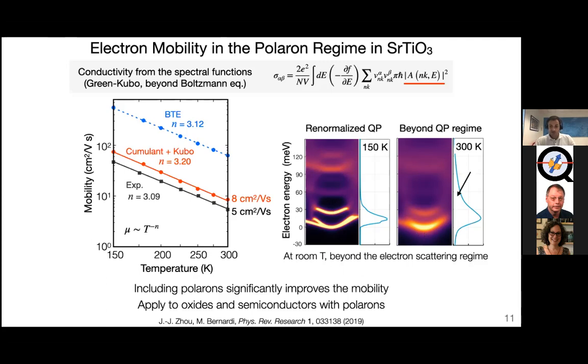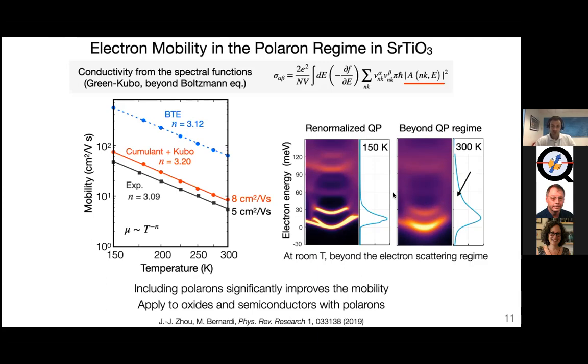However, at room temperature, and as you increase temperature, essentially we find a higher and higher weight. At room temperature, the weight in particular contributed by the satellites is about half of the total conductivity. And so these regimes where the satellites and essentially the polaronic effects are contributing strongly go beyond the simple picture of electron scattering.